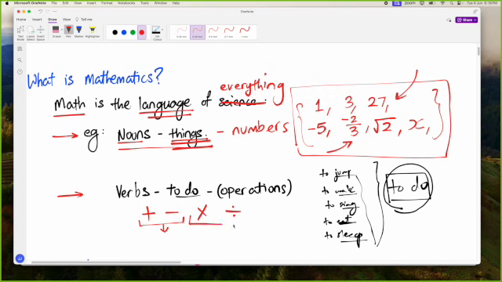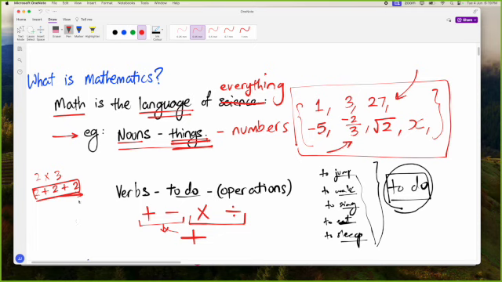Multiplication is just repeated addition. So when you really boil it down, addition is the only thing we do in maths. Because think about it: if you multiply 2 times 3, what you're actually doing is adding 2, 3 times.